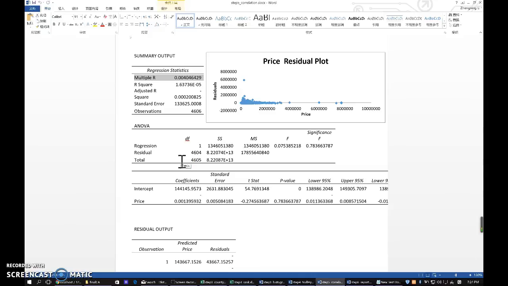So we can't use the house price in Dublin to predict the house price in Louth.